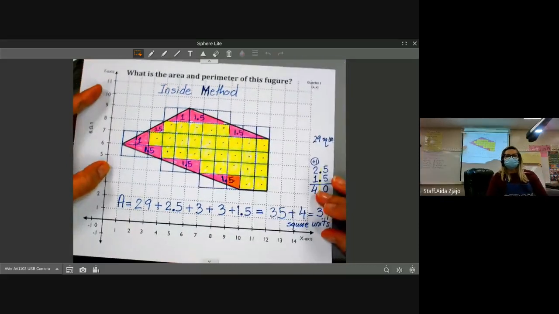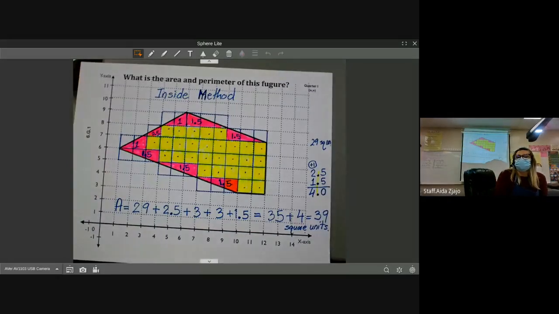Okay, so to find area, we use inside method by dividing the shape into small squares, and then the squares that are not full, we combine them and look at triangles. And each triangle is half of a rectangle, so we can use that.